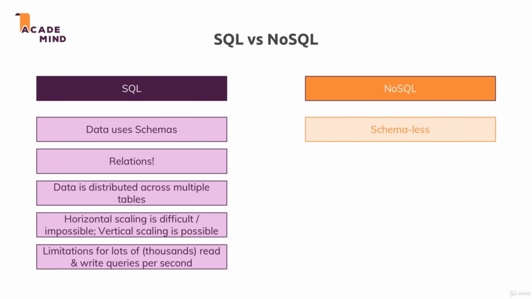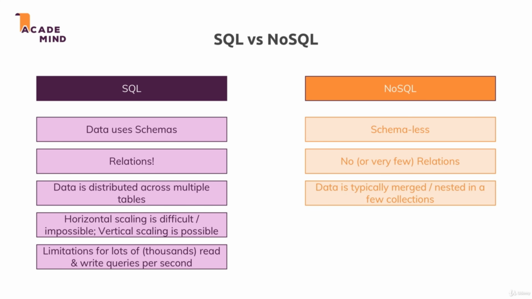NoSQL is schemaless and has only a few relations, if at all. The data is typically not distributed across multiple collections, but instead we work with merged or nested documents in an existing document, though we of course also have a couple of collections for the different features of our application typically. With NoSQL, horizontal scaling is easier.